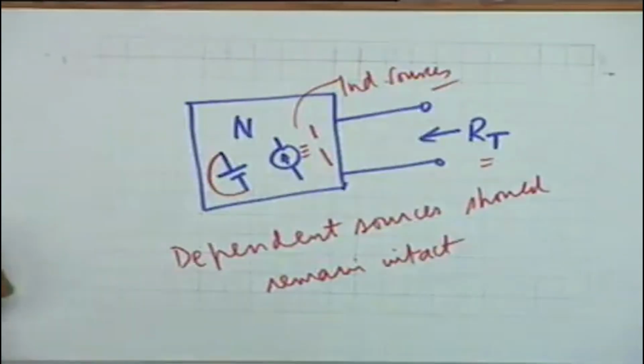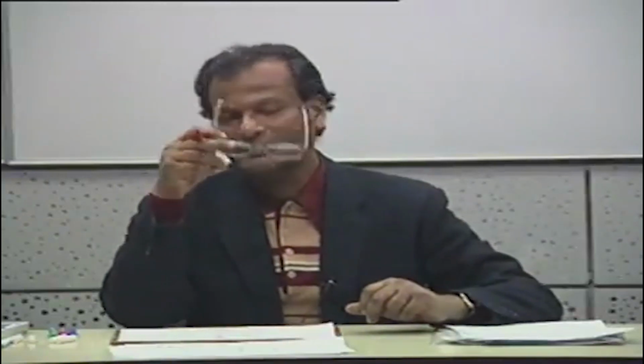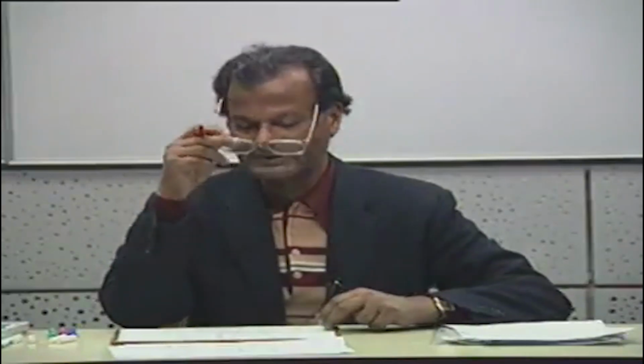A dependent source is one whose voltage or current, a source is either a voltage source or a current source. A dependent voltage source is one whose voltage depends on some current or voltage at some other point in the circuit. A dependent source is one whose voltage or current depends on some other voltage or current in the circuit. That's the simple definition of a dependent source.